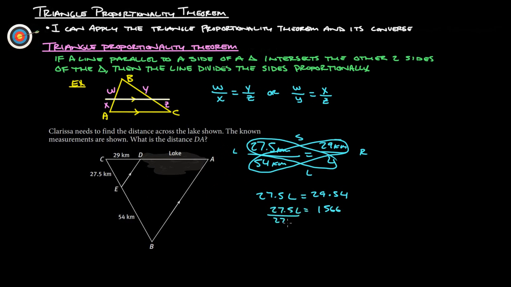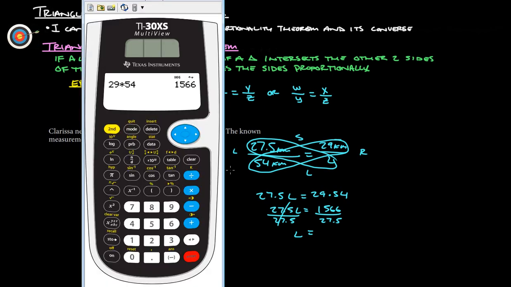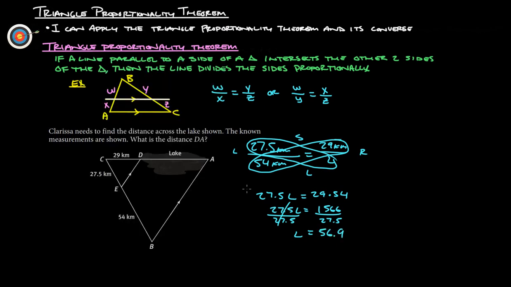So divide both sides by 27.5, and we get that L equals 56.945, so we could call that 56.9, and this is in kilometers.